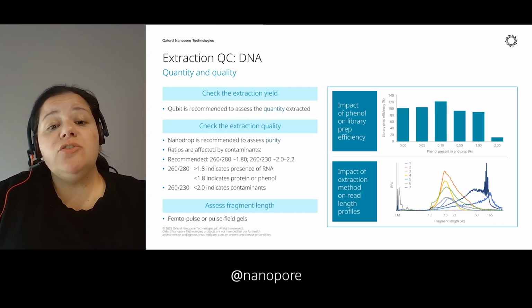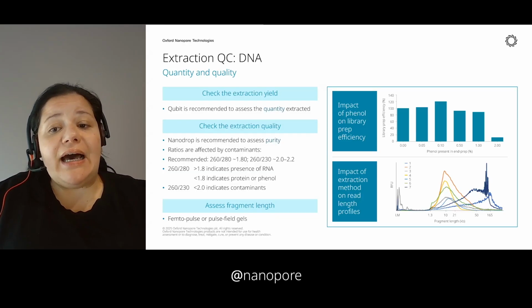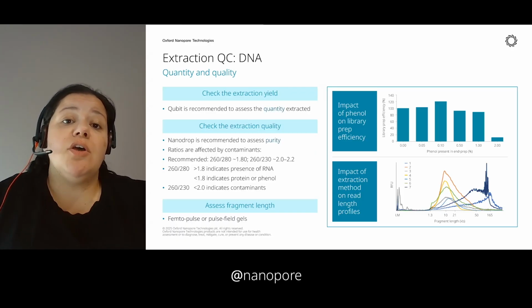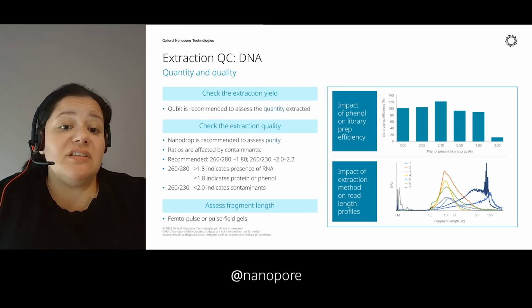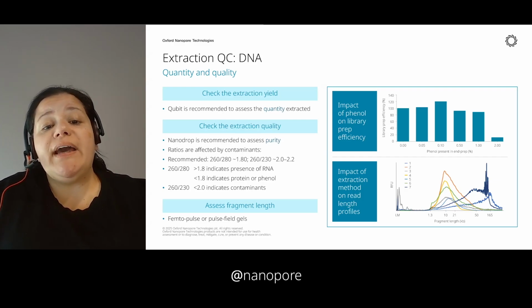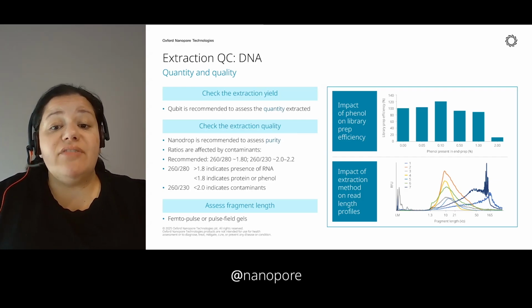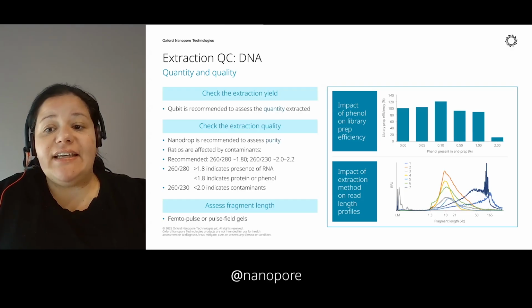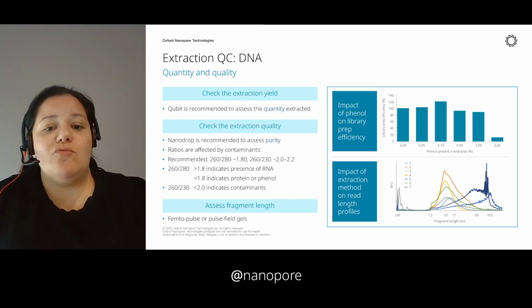For DNA, we also recommend you look at the fragment length, and this is because you'll need to decide whether you should fragment or size select your sample. In this example on the bottom right, we have one sample extracted with 7 different methods. And as you can see, for methods 1 and 7, the fragments are really, really long.